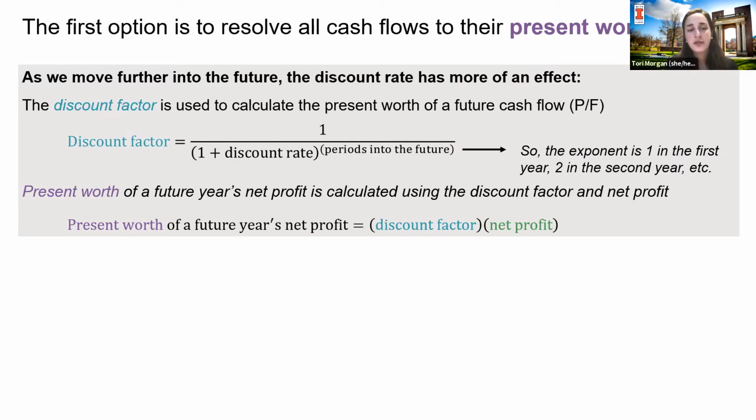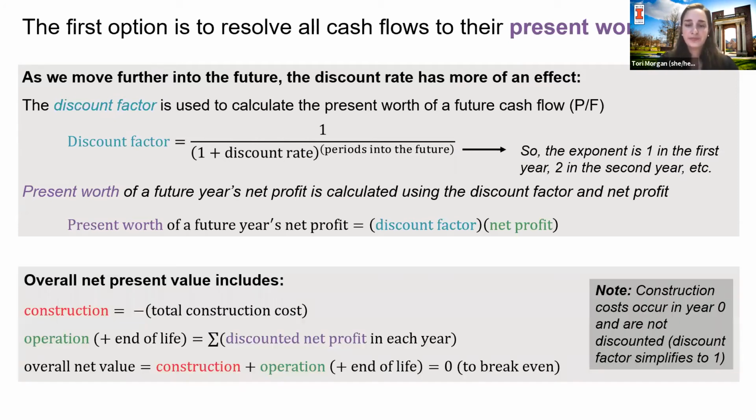The present worth of a future year's net profit is calculated using the discount factor and the net profit that we calculated earlier. So it's the product of the discount factor and the net profit. The overall net present value includes the construction, which is what you're subtracting from the system, and the operation, through the end of life, which is the sum of the discounted net profit in each year.